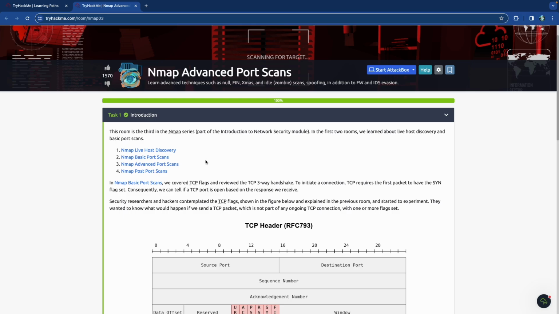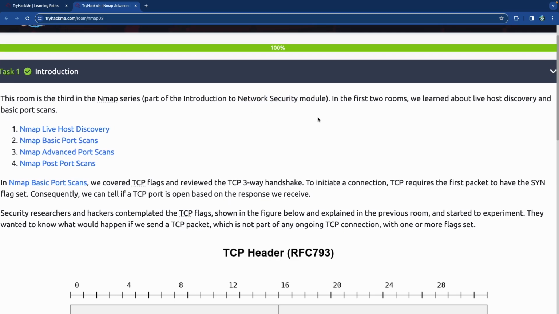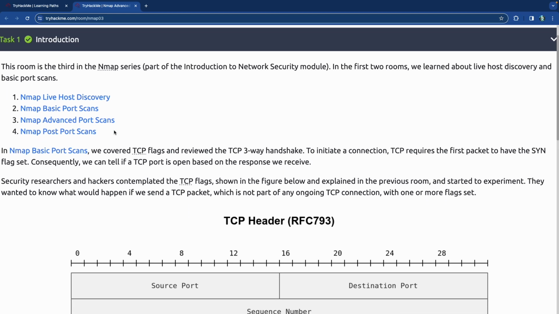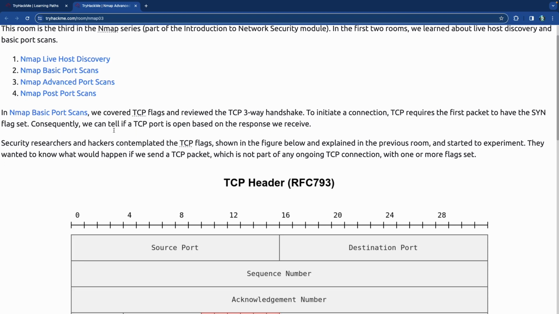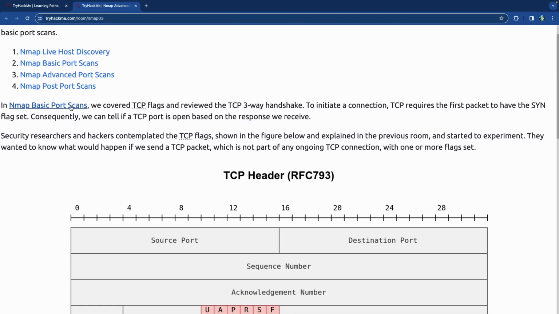So this room is the third in the Nmap series, part of the introduction to network security module. In the first two rooms, we did live host discovery and basic port scans. And we're now going to go into advanced port scanning. In basic port scans, we covered TCP flags and the three-way handshake.